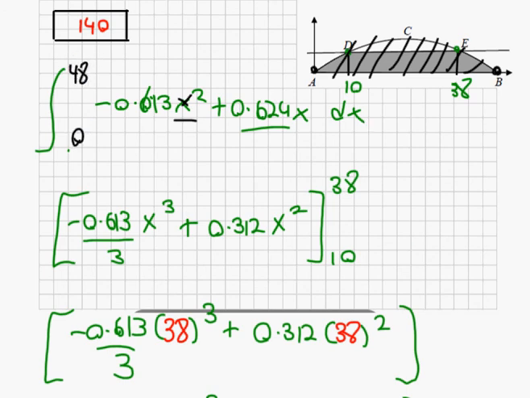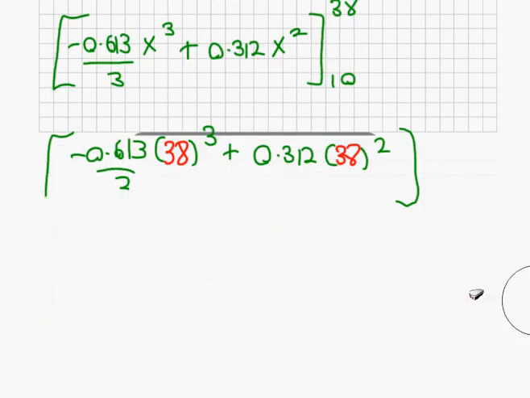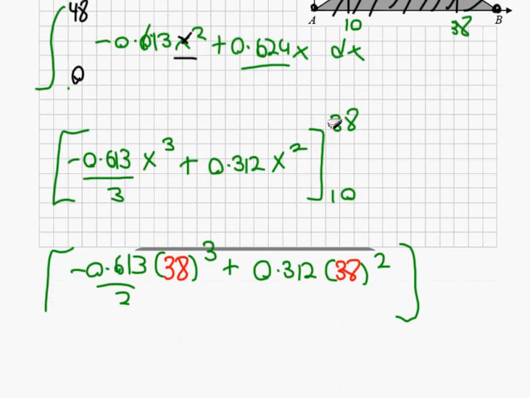Because, as Connor rightly said, the lower limit is 0, I can just scratch that off. It's gone. And then anywhere I see a 38, I'm going to change it to a 48. So 48 and 0, and change this 38 here into a 48, and then same integration, same thing, just be really careful on the calculator.